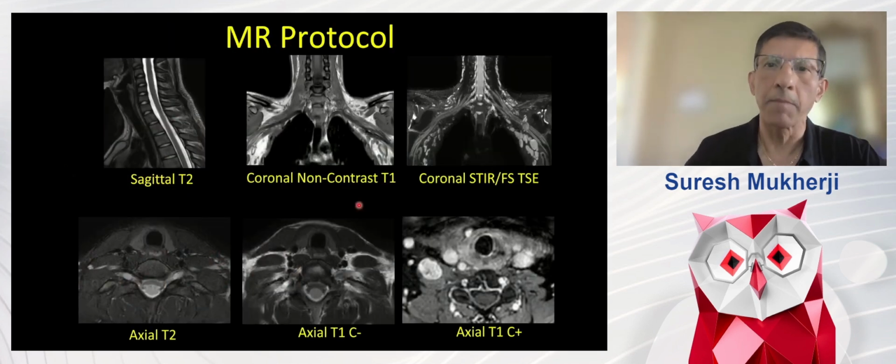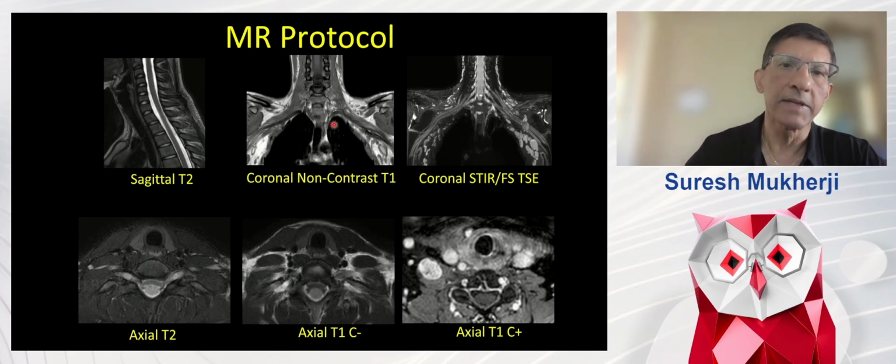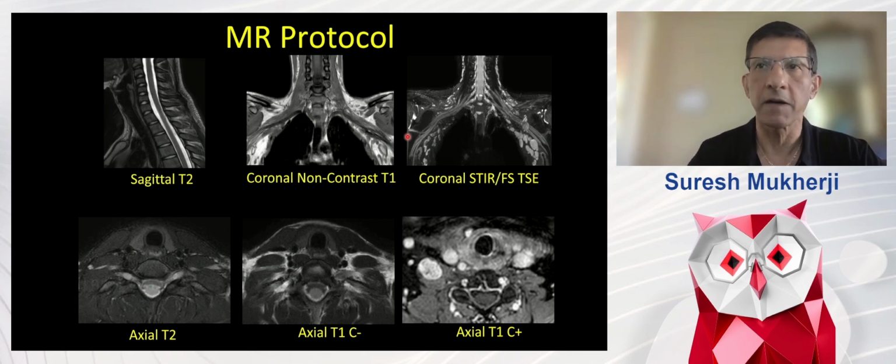Now, what about the MR protocol? As I've traveled in my journey and during my various trips and experiences, what I believe in is a base MR protocol because the protocols vary so much based on vendors. A lot of it is just based on preferences, where you train, and so on and so forth. But what I like to consider my base protocol is I like to start off with the sagittal T2.